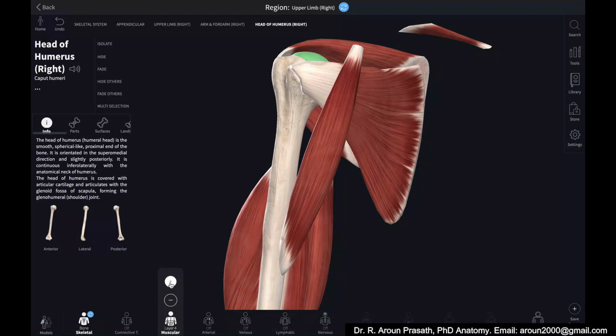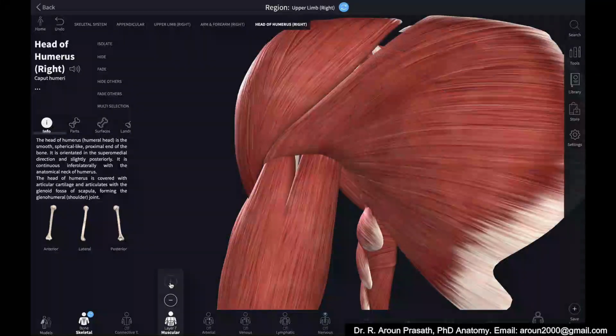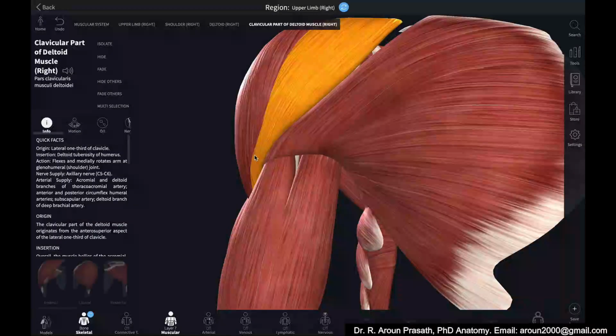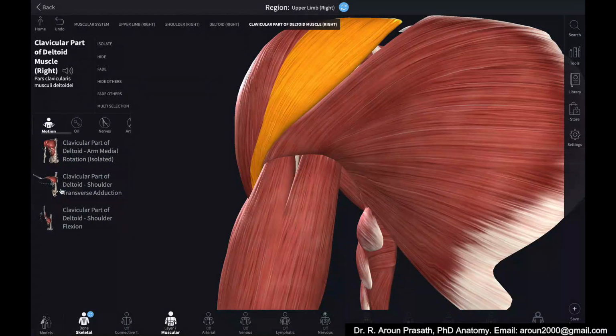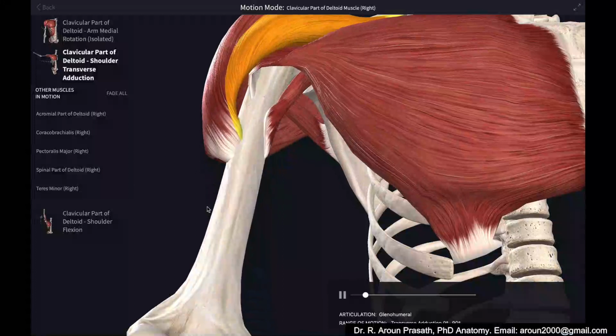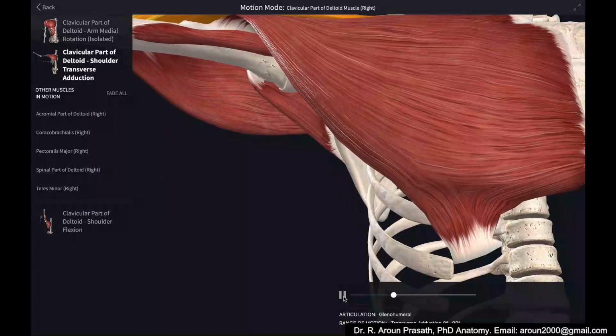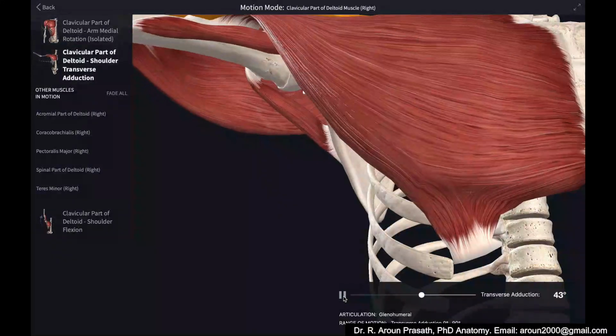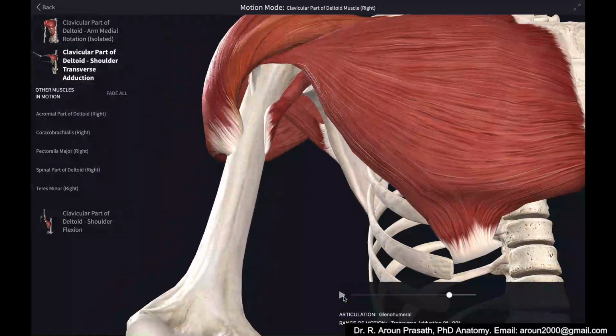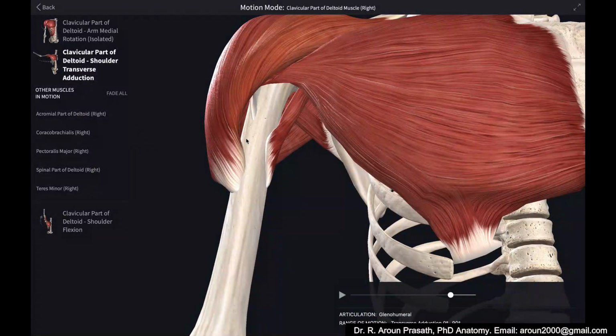Okay, you can see this is the insertion of the deltoid muscle, and this is how the deltoid inserts in the deltoid tuberosity of the humerus.